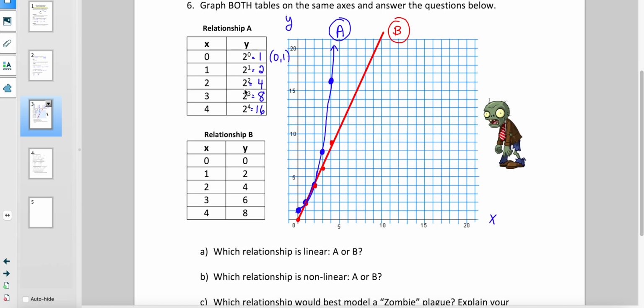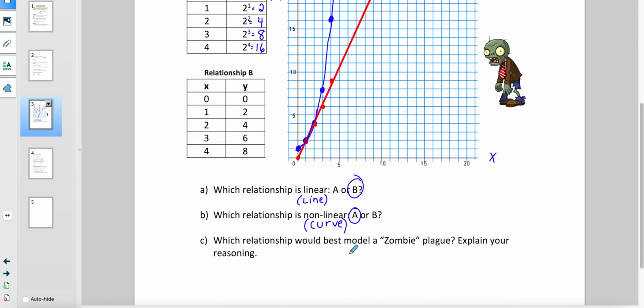Linear is another word for line. We'll focus more on linear and nonlinear in another unit, but just to introduce you to the idea of linear, that means a straight line. So which relationship is linear? A has a curve and B is that straight line. Which relationship is nonlinear, which means a curve? That's going to be A.